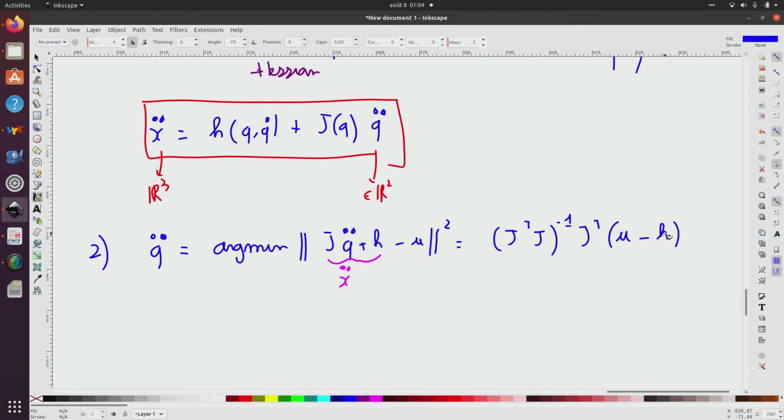Okay, so when this error is equal to 0, it means that the acceleration I want, so u, I can reach it if I take q dot dot as given by this formula. But most of the time it is not possible because I cannot control the curvature of the manifold.